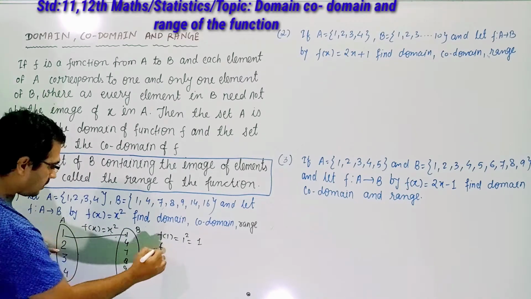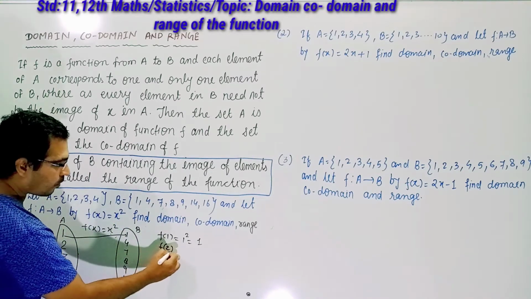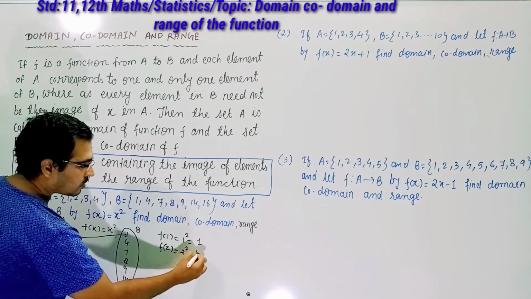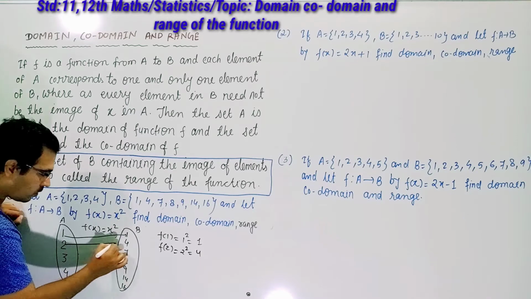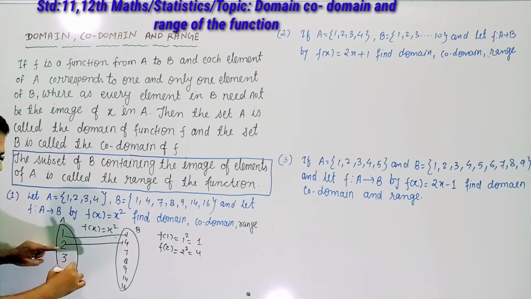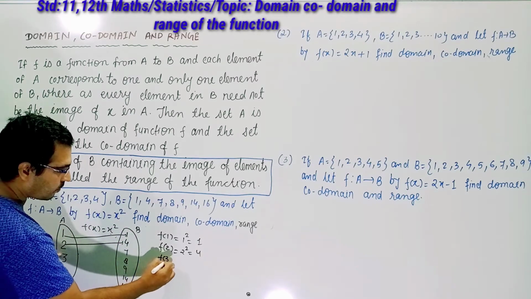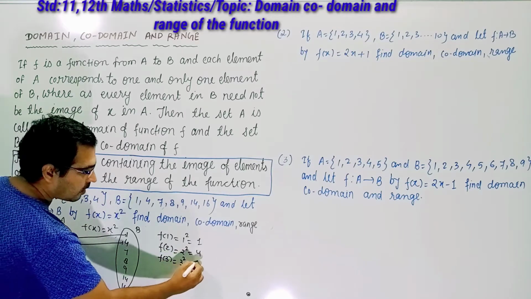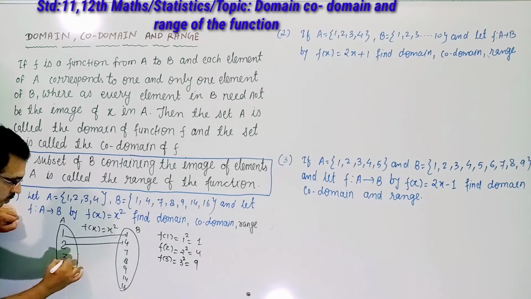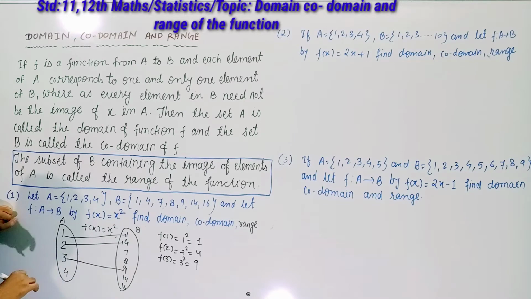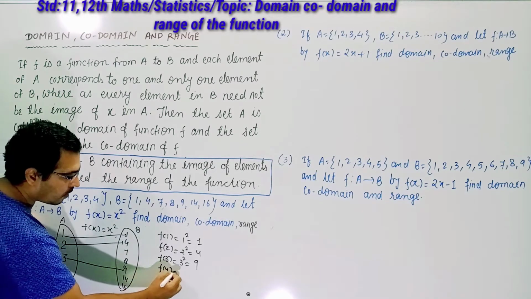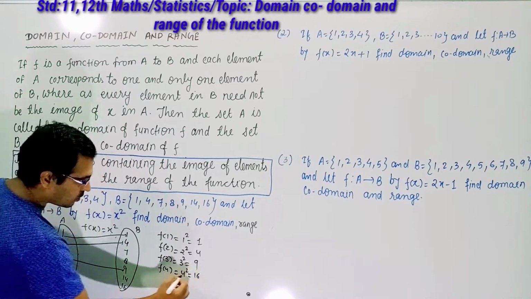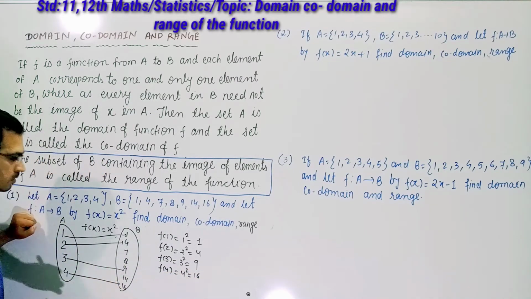Now x is 2, f of 2 is 2 square, which is 4, so 2 corresponds to 4. For 3, f of 3 is 3 square, which is 9, so 3 corresponds to 9. What about 4? f of 4 is 4 square, which corresponds to 16.